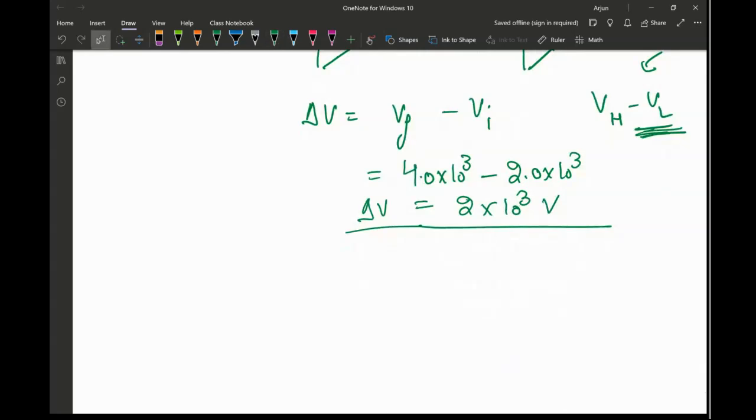Now, the next thing I want to find out is the electric potential energy stored in the system.